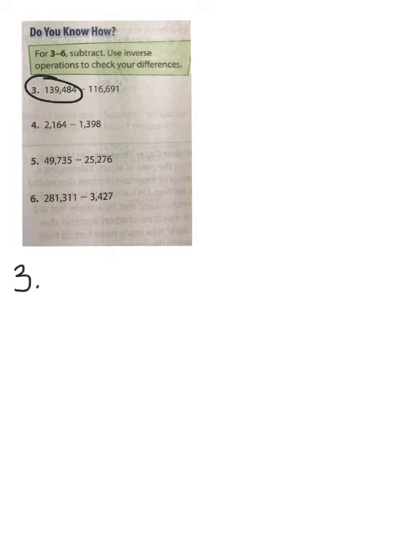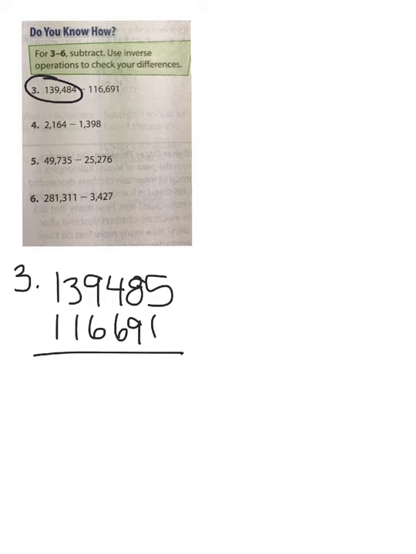Make sure when you're setting up your problems that you line up the place values. We have 139,484 minus 116,691.